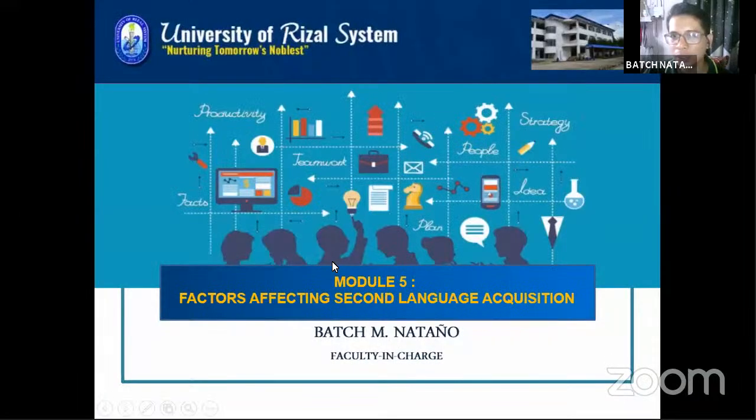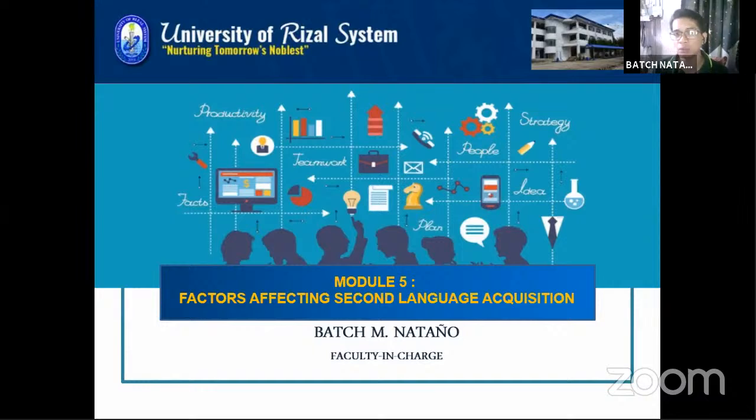For this module, what we will be tackling are the different factors affecting second language acquisition. I'm sure that you already have an idea of these factors since we've been discussing several theories pertaining to language acquisition.